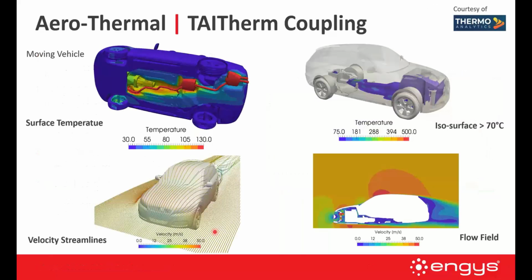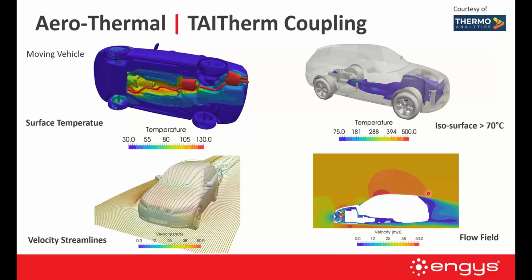So for the moving vehicle case, TAITherm predicts the temperatures within the exhaust system and then the radiative transport onto the underbody, the body panel, these different components, and we're able to predict the surface temperatures with this coupling.